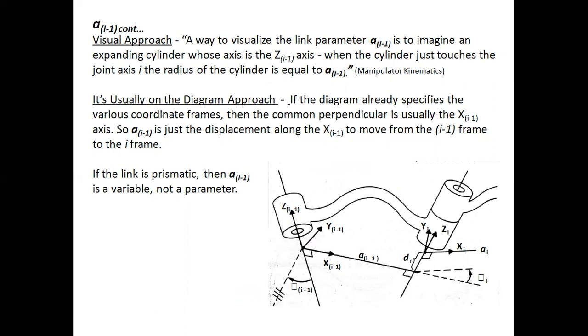So a(i-1) is just the displacement along x(i-1) to move from the i-1 frame to the i frame. If the link is prismatic, a(i-1) is a variable, not a parameter.